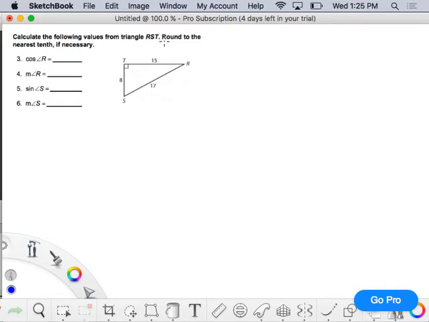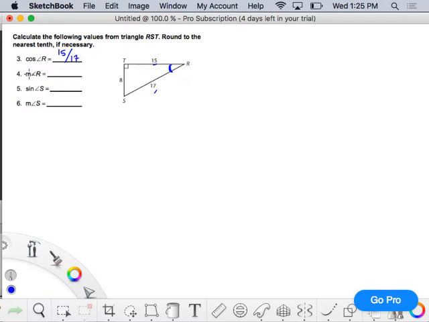Calculate the following values for the triangle RST. Round to the nearest tenth if necessary. Cosine of R. Here's the angle R. Cosine is what? Adjacent over hypotenuse. So the adjacent is 15, hypotenuse is 17. So the cosine of angle R is 15 over 17. But now look at this.